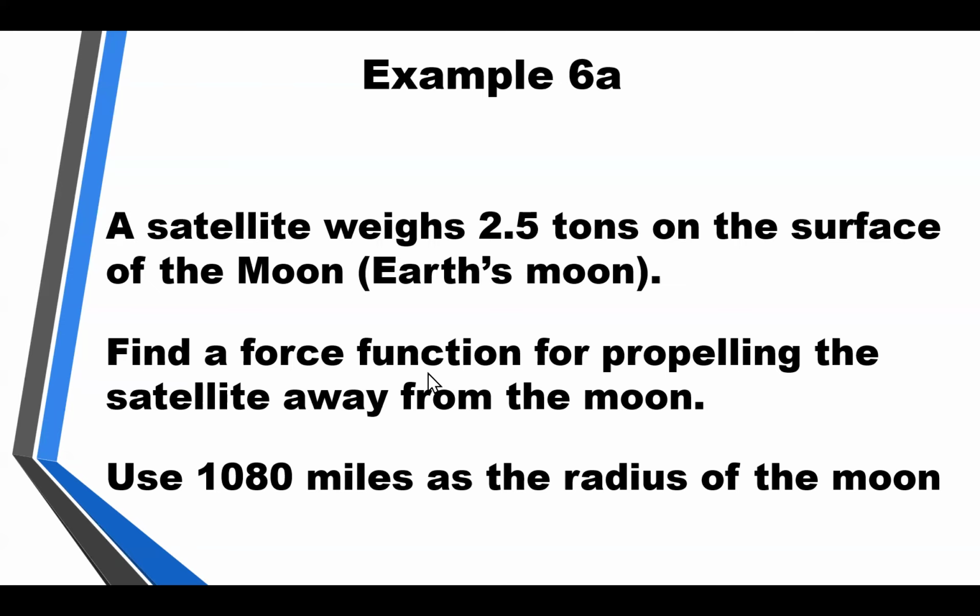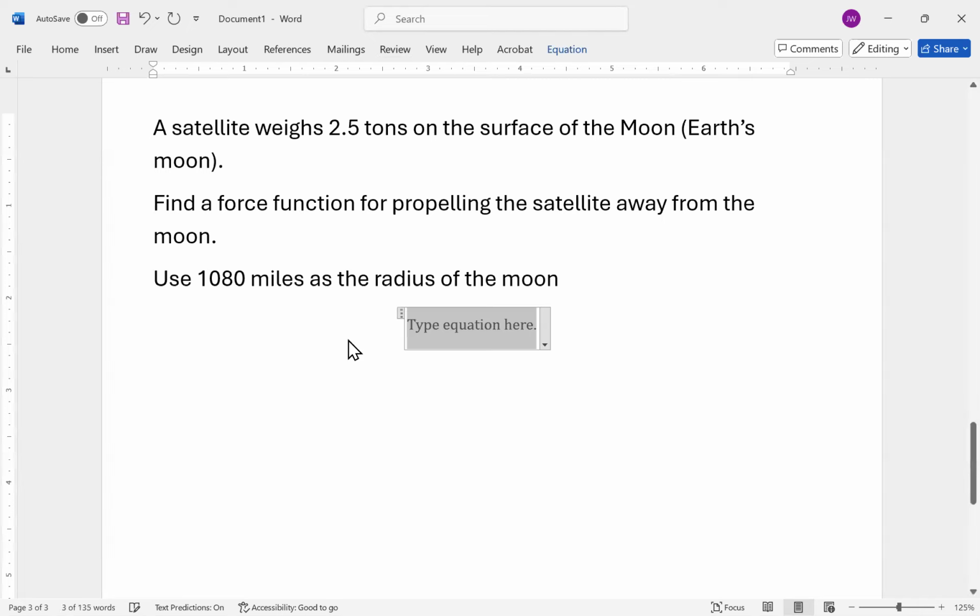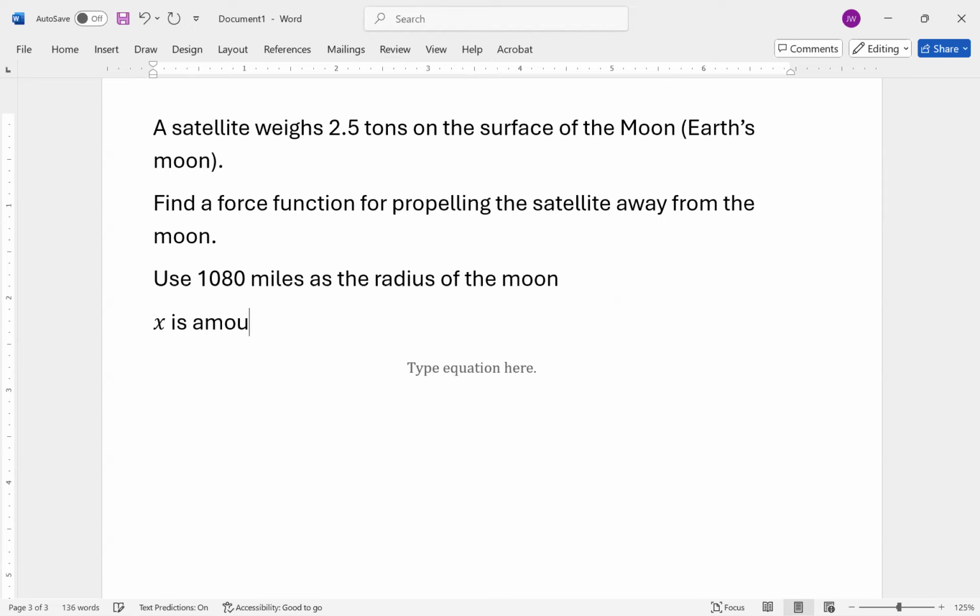So the force function, we're going to be finding it in a very similar way, although I have to use 1,080 miles as the radius of the moon. That's approximately right if you look that up. So x here is going to be the distance away from the center of the moon.